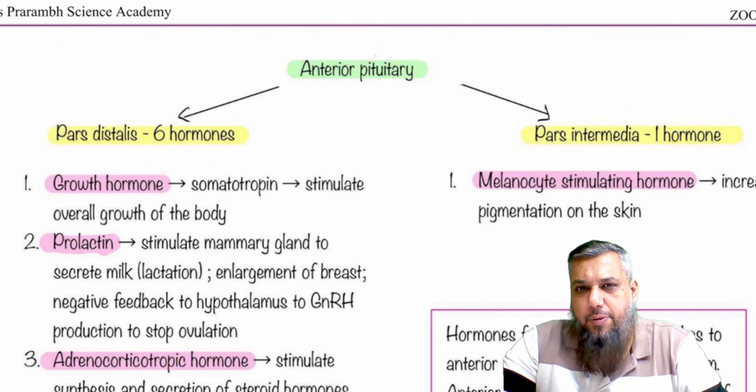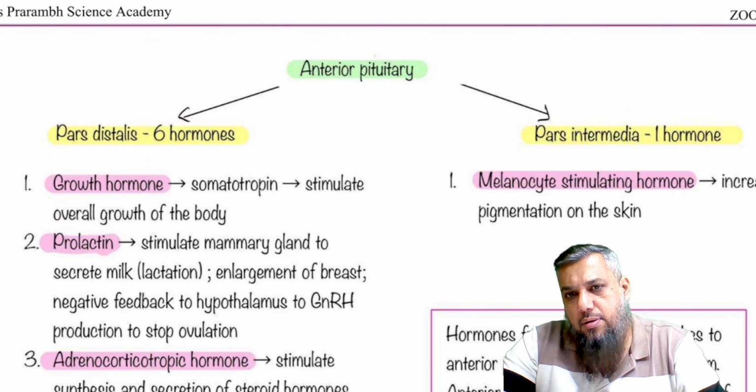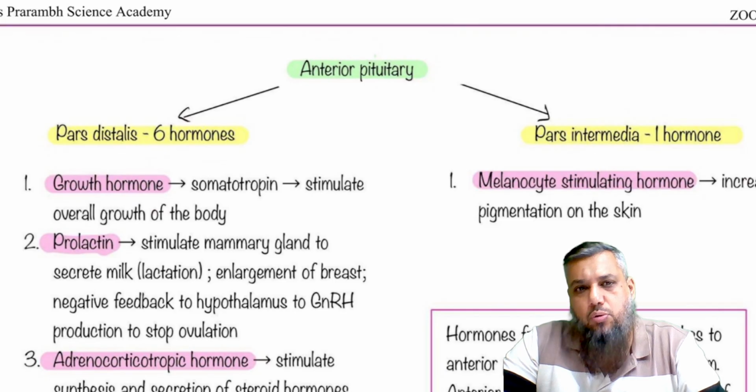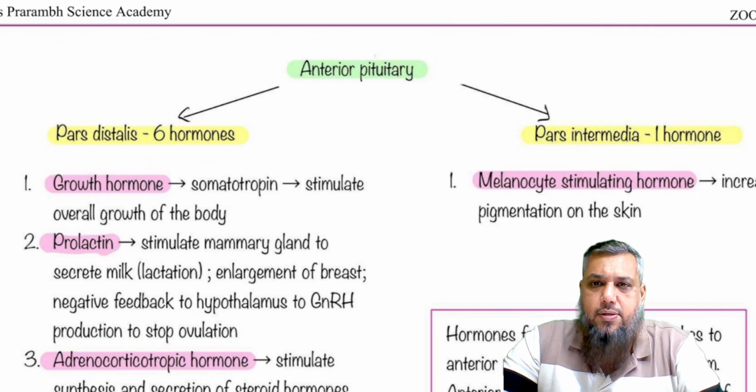But in other lower vertebrates, it's a separate part, secreting a hormone called melanocyte stimulating hormone, which helps to increase the pigmentation on the skin. But in human beings, MSH is secreted by the pars distalis only because the pars intermedia in humans is merged with the pars distalis.